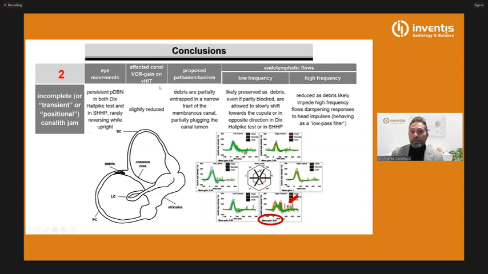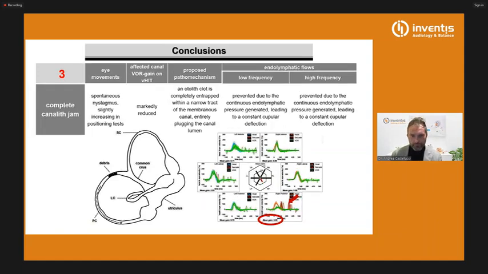And the VOR gain of the affected canal is slightly reduced, because low frequencies are probably preserved, because debris, even if partially blocked, are allowed to slowly shift toward the cupula or in the opposite direction in Dix-Hallpike position and in straight head position, while high frequency dynamics are reduced as particles likely impede high frequency flows, dampening response to head impulse, so behaving as a low pass filter.